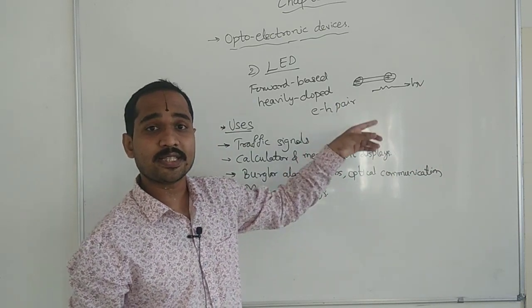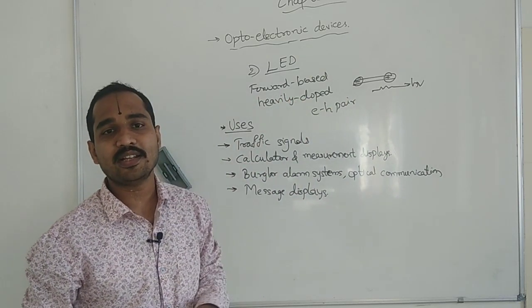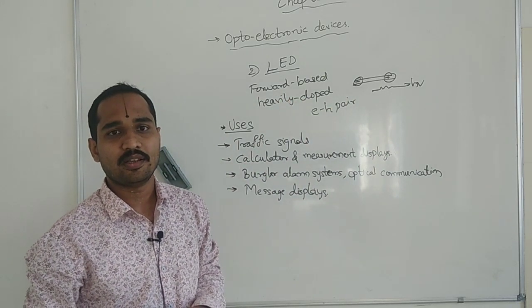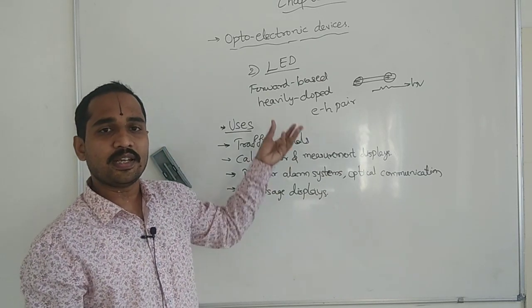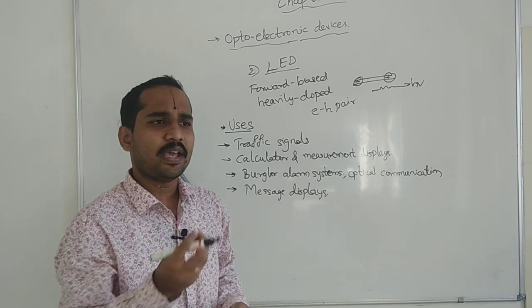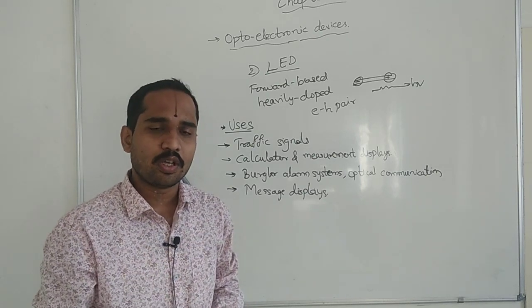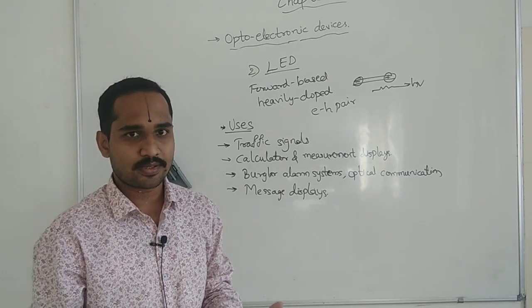So light is emitted by the diode in forward biased condition. This is why it is called a light emitting diode. When the energy you provide is small, the light emitted is also small. When you give high energy, more light comes out. This is the thing.